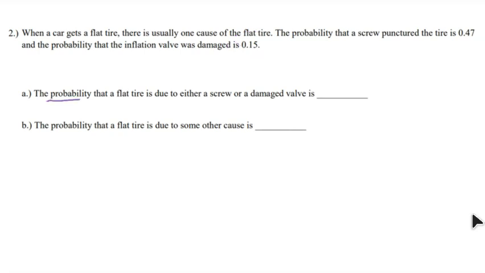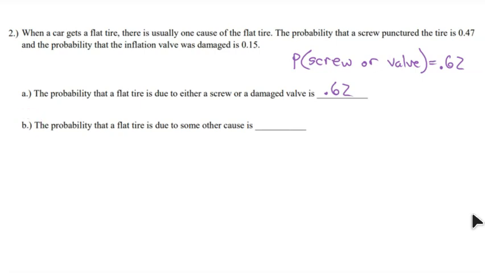And this is saying, what's the probability that a flat tire is due to either a screw or a damaged valve? Okay, and all we have to do here is add together the two probabilities, 0.47 plus 0.15. And so 0.47 plus 0.15 is 0.62, and so the answer here is going to be 0.62.